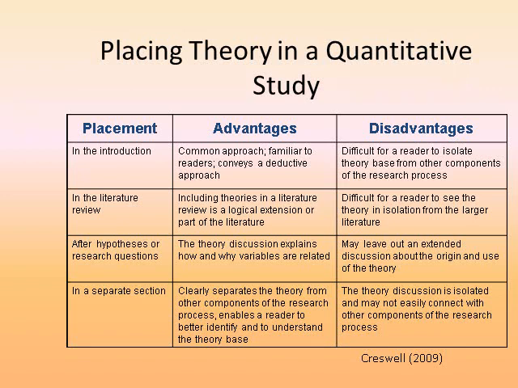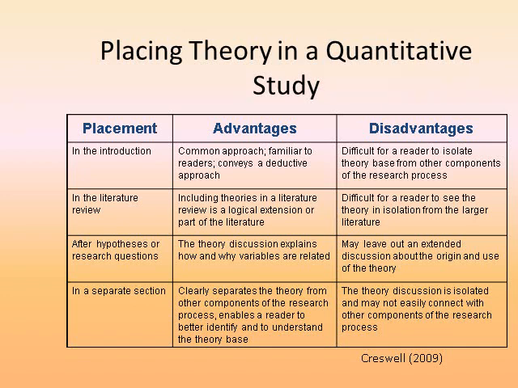According to Creswell, the advantage of placing the theory in the literature review is that including theories in the literature review is a logical extension or part of the literature, whereas the disadvantage is it's difficult for a reader to see the theory in isolation from the larger literature.